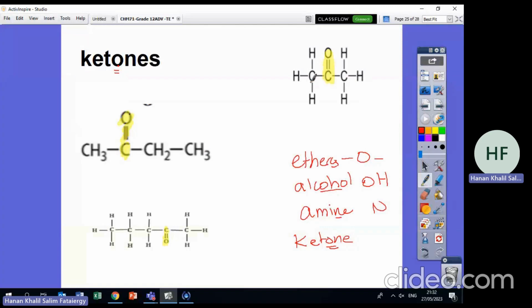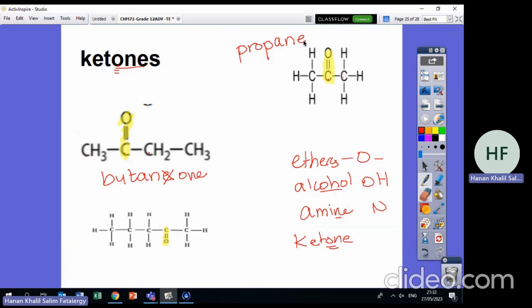All I want you to know about ketones is, how do we name them? We have 1, 2, 3, 4. So this is but. Single bonds, this is ane. I will remove the E and I will put one. Butanone. Okay, now this one. 1, 2, 3. Prop. Single bonds is ane.